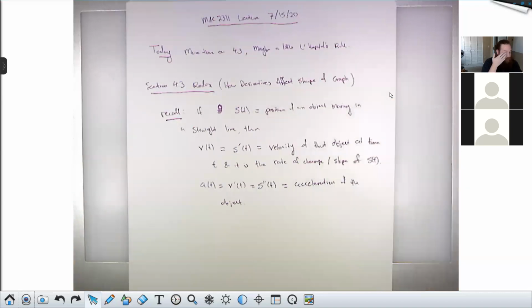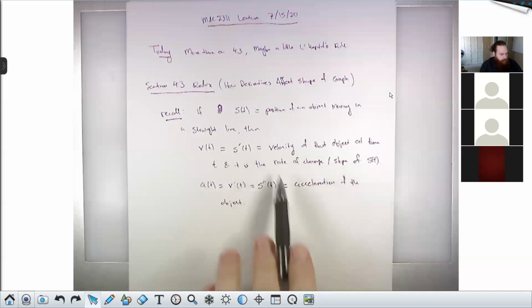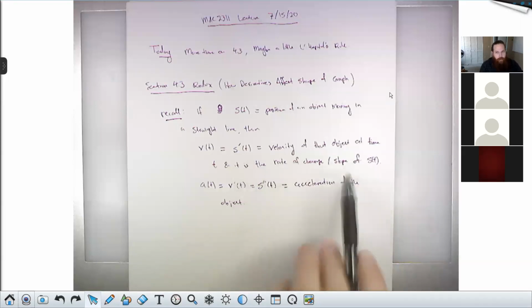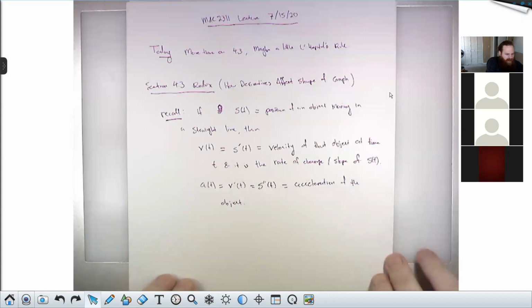What I would like to do, if v of t is the velocity or the rate of change, and we can identify that with the slope of the original function, I would like to try and identify a of t with some other geometric feature of the graph of the original. And I think if we draw a couple pictures, you will be able to imagine what I'm saying. So I'm going to draw two graphs of s of t.